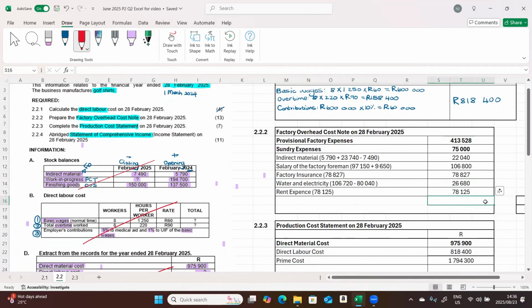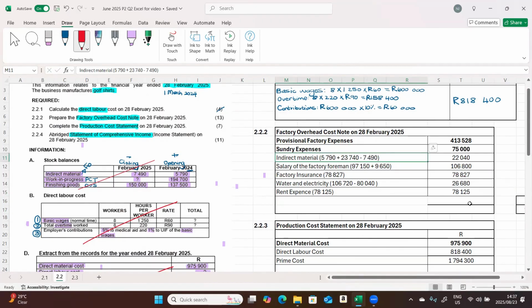Okay, guys, can you see now that we worked through the errors, we've made our adjustments, now we can add up every single thing over here. So let's go ahead and add up all of our factory overheads. We have our total factory overheads over here, and now we can just add them up to get the total factory overhead cost.